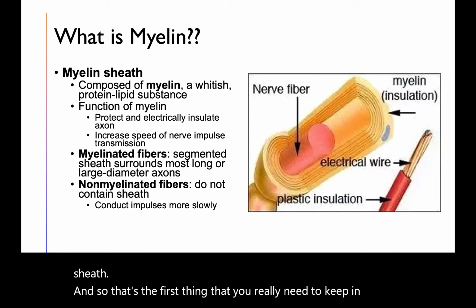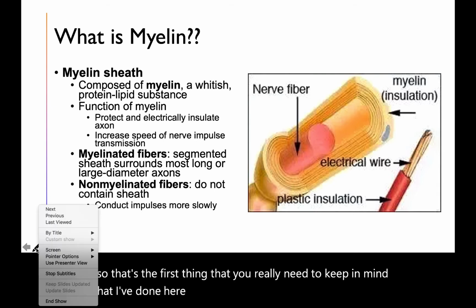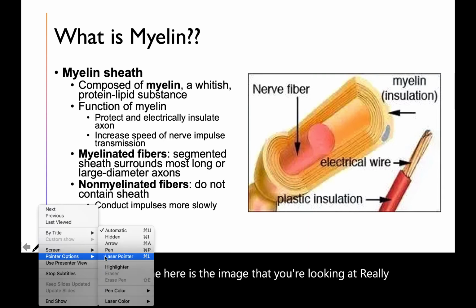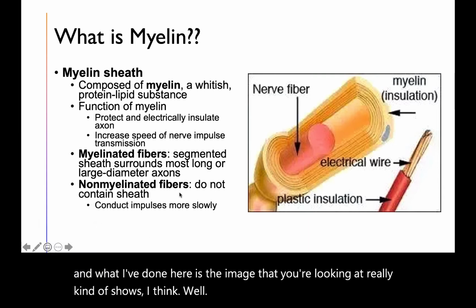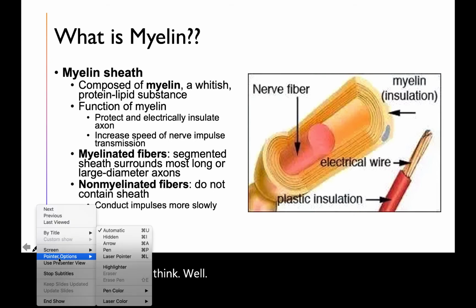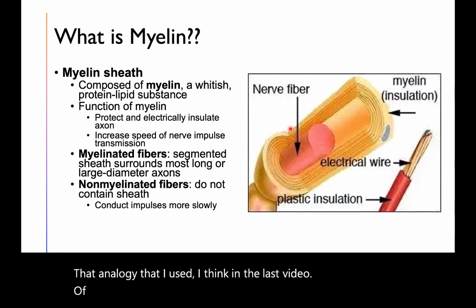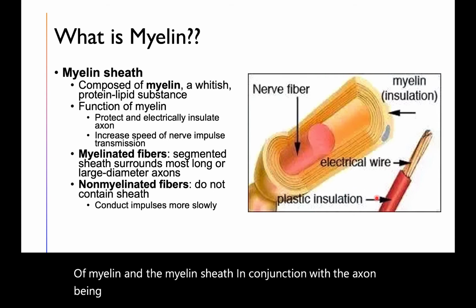And the image that you're looking at really shows, I think, well, that analogy that I used in the last video, of myelin and the myelin sheath in conjunction with the axon being very analogous to that of an electrical wire or an extension cord. Right?